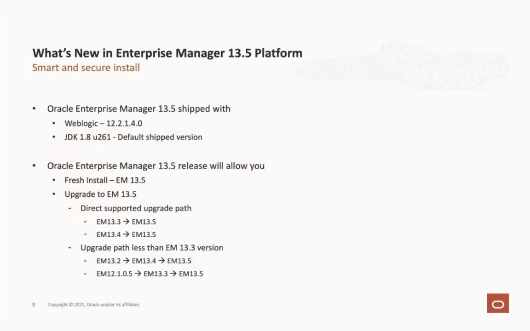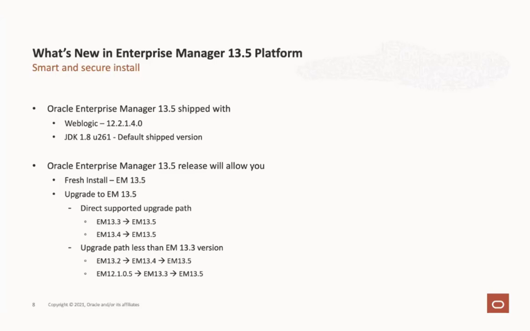And with respect to the upgrade path, we have taken the N-2 rule, saying that we will allow a direct upgrade path for customers who are on 13.3; they can do a direct upgrade to 13.5. And customers who are on 13.4 can do a direct upgrade to 13.5. But what happens to customers who are still running older versions of Enterprise Manager?